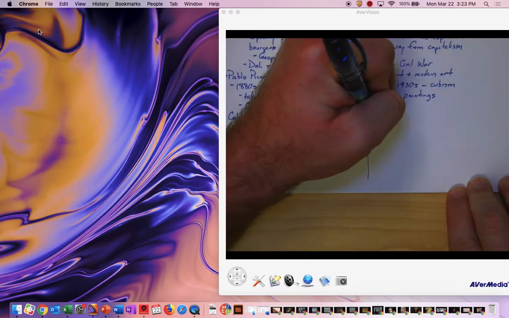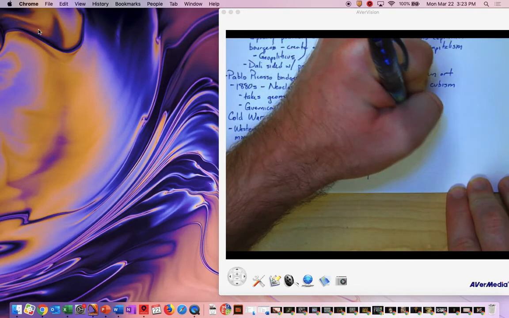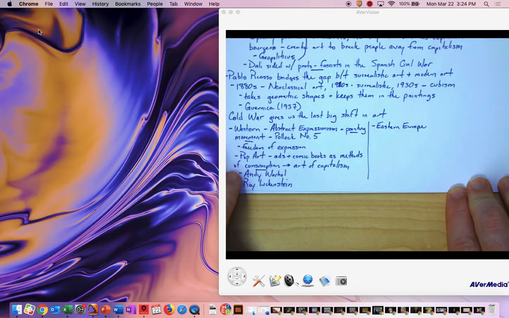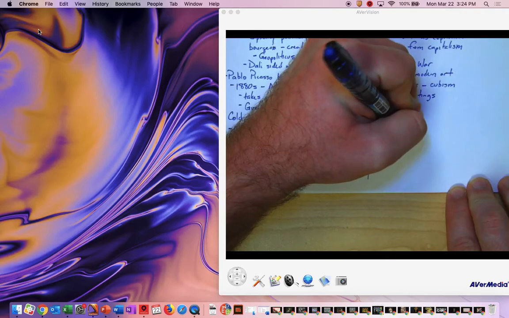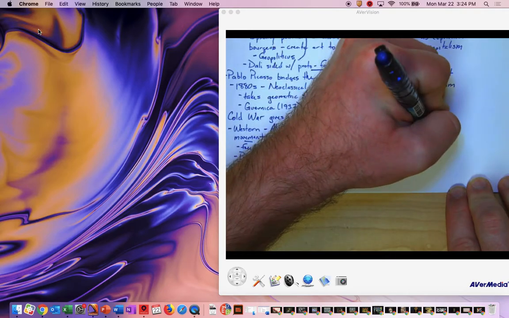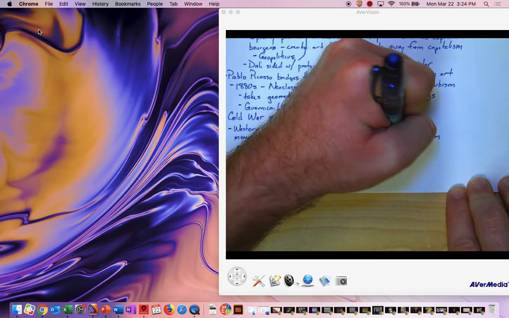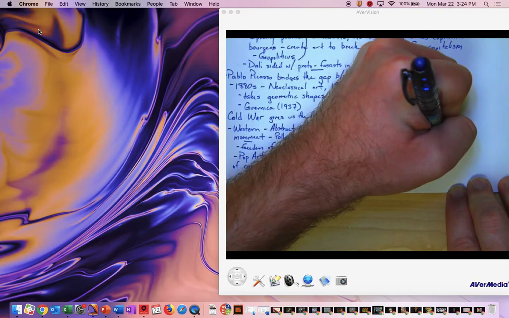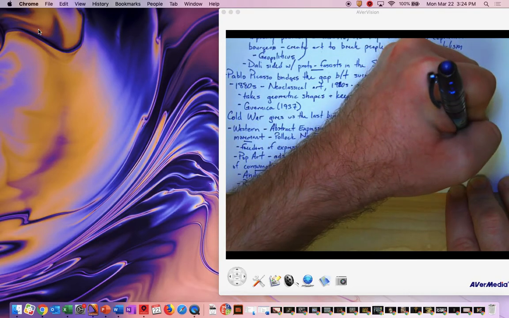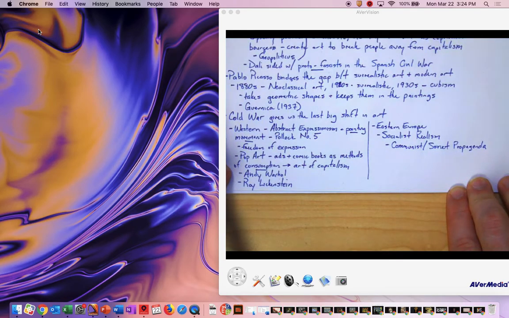In Eastern Europe, this is very easy to understand. In Eastern Europe, we have one art movement, and it's called Socialist Realism. And it's basically just communist or Soviet propaganda. It was super easy to understand.